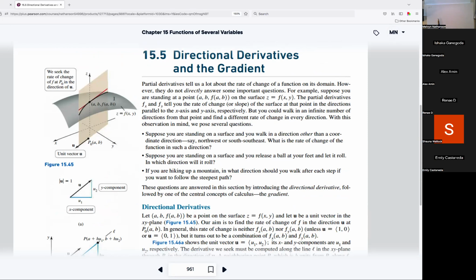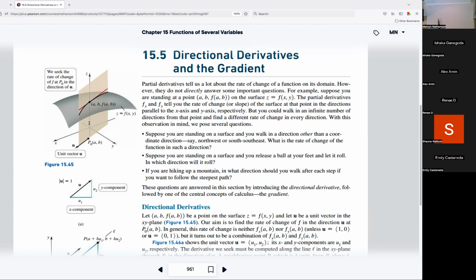So that's the rate of change as you move along. If you were to slice through the surface by a plane perpendicular to the y-axis, so parallel to the xz plane, that would trace out a curve on the surface, and the partial of f with respect to x is the slope of the tangent to the curve at a point, or the rate of change of the function.